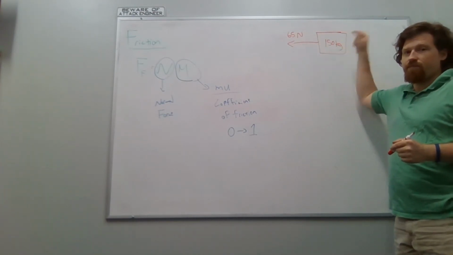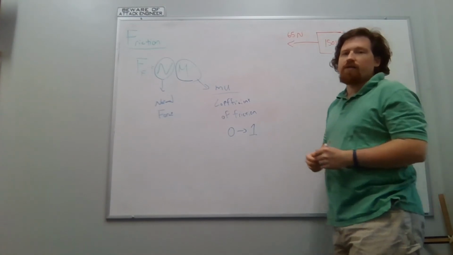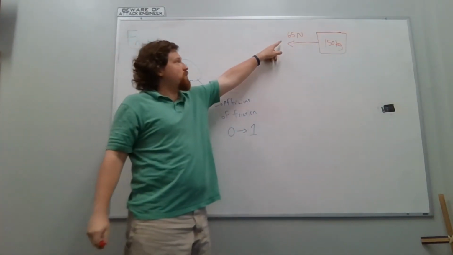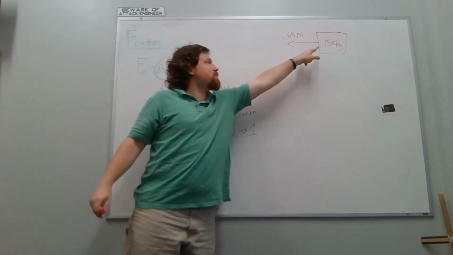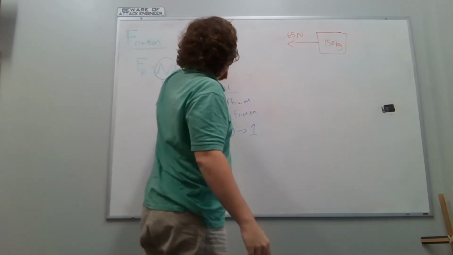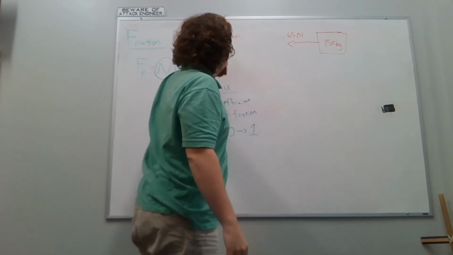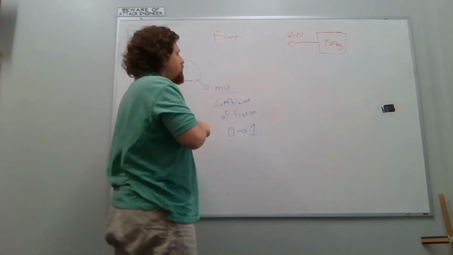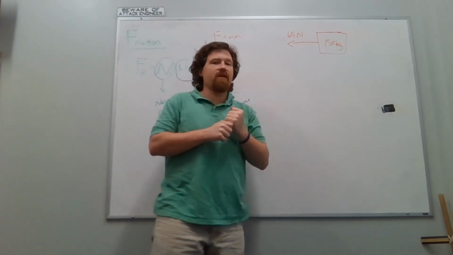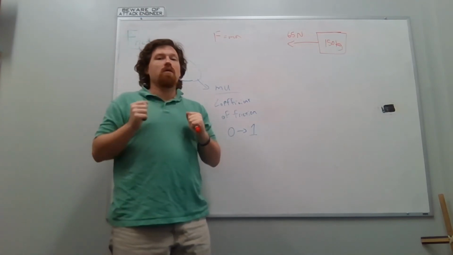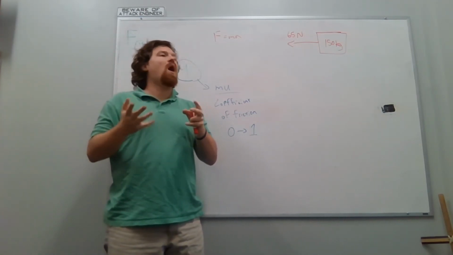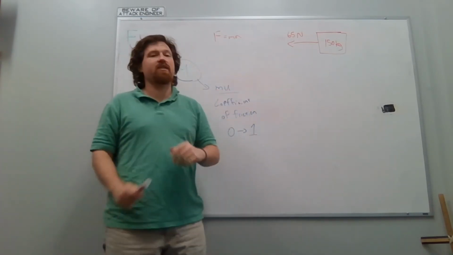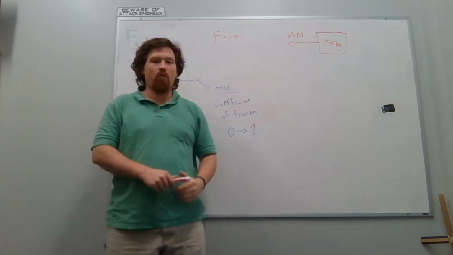Question 1. Why doesn't the buggy get faster and faster? The horse is pulling it forwards. This force is pulling this mass forwards. And we know if you exert a force on a mass, it should accelerate. So if the buggy is moving at constant velocity, why is it not continuously accelerating forwards as it's being pulled forwards?